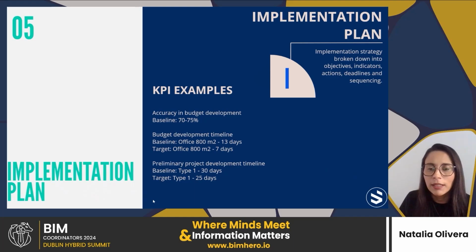Setting objectives and KPIs is crucial for measuring the success of the actions taken. So the implementation plan aims to boost productivity by improving information flow within the organization using the right approach.